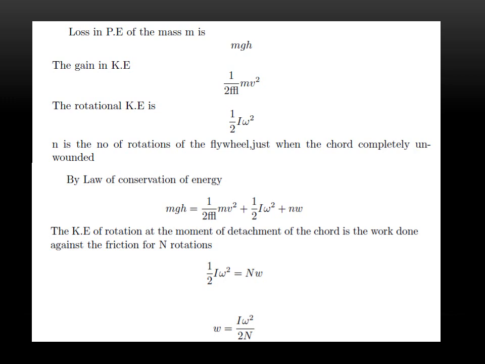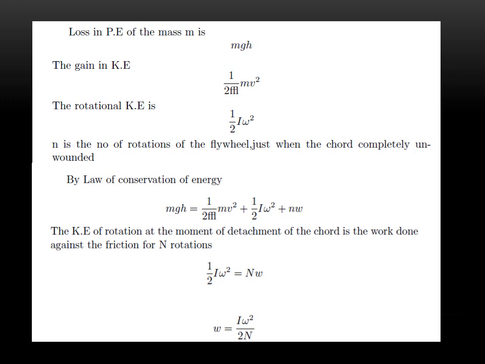The potential energy of the mass at a height h above the ground is given by mgh. mgh is the potential energy of the mass attached to the flywheel. Once it starts moving down, it starts gaining kinetic energy. So the kinetic energy is given by half mv². Please correct it as half mv².